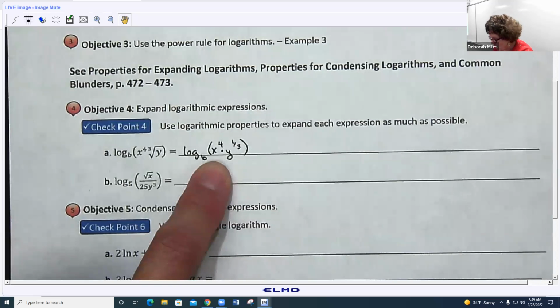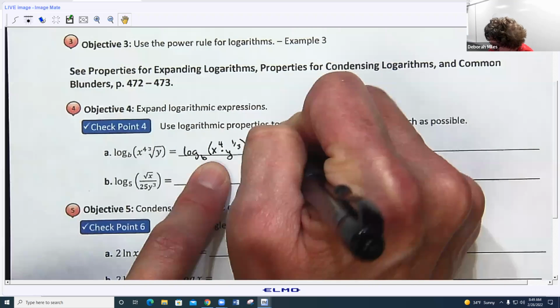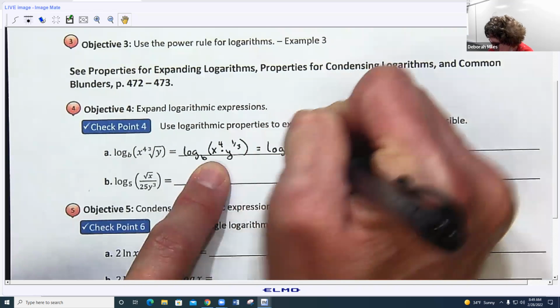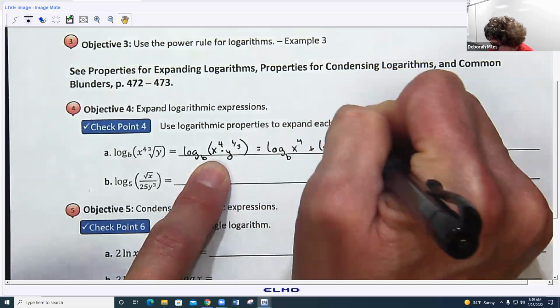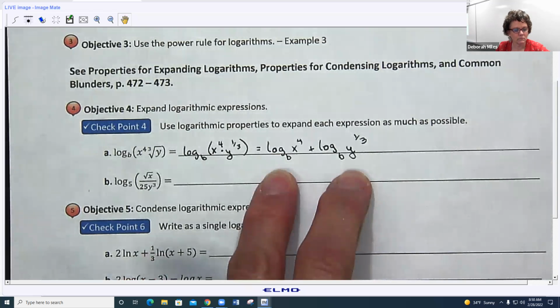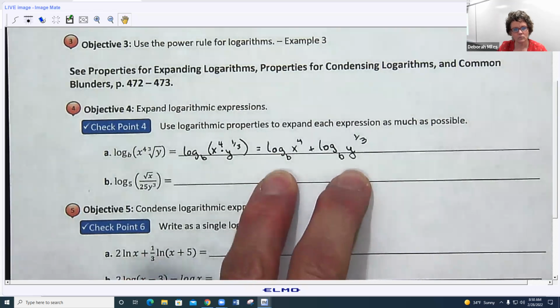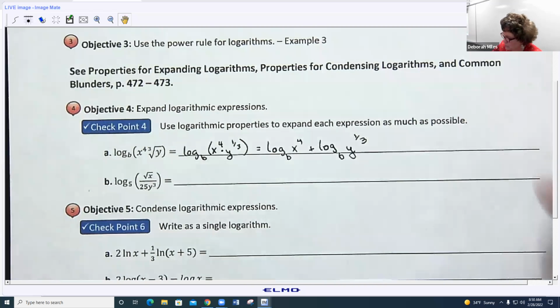The log of a product can be written as the sum of 2 logs. That was the product rule.